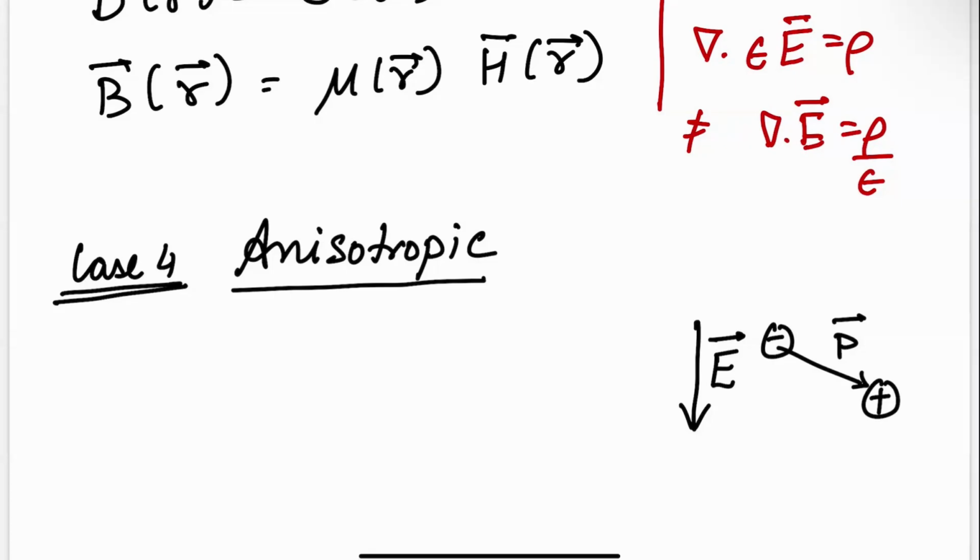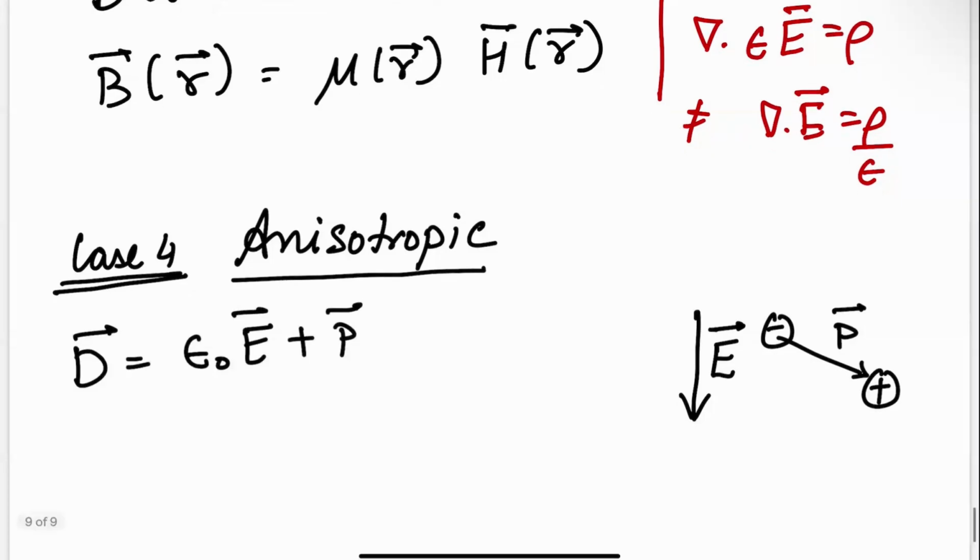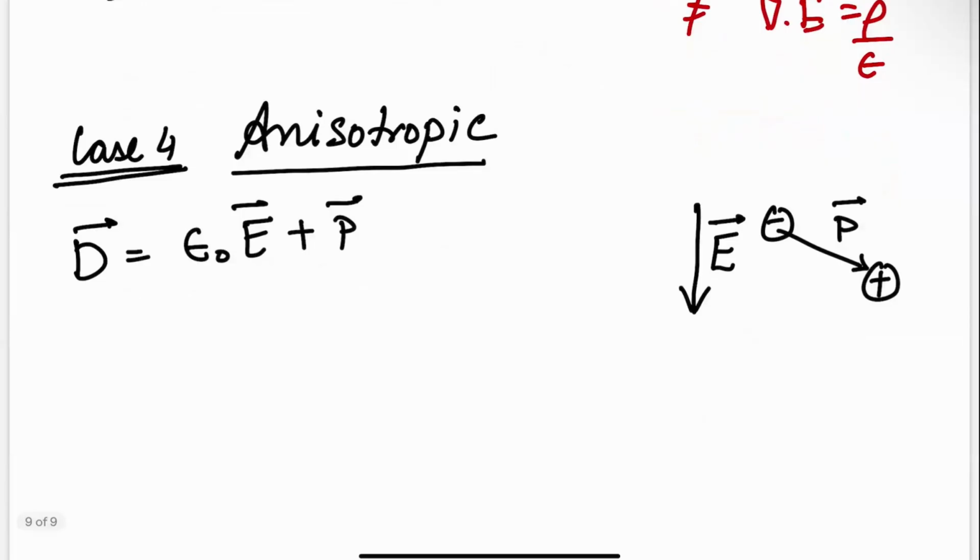Then what happens? So we know that D is epsilon naught E plus P, right? So what does that mean? That means that you have an electric field in this direction. Let's say this is epsilon naught E. Now, the polarization vector, maybe it is in this direction.